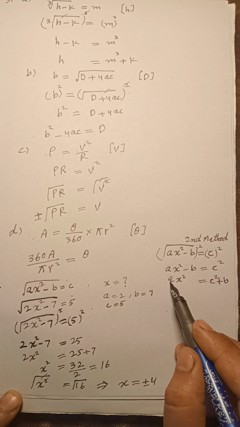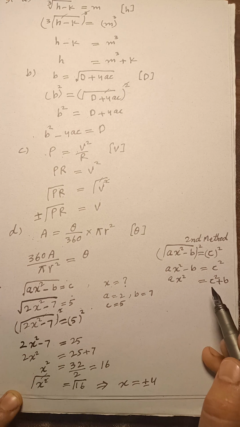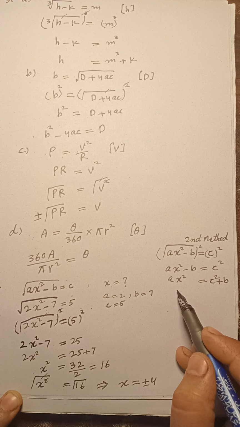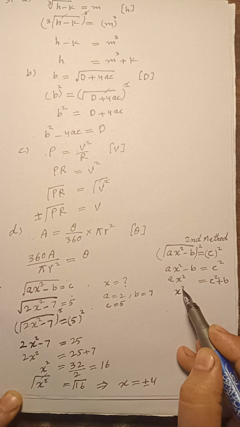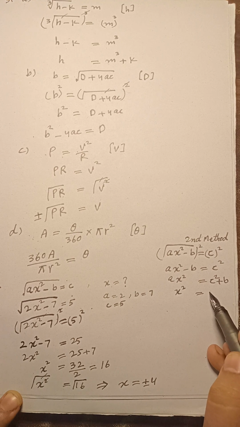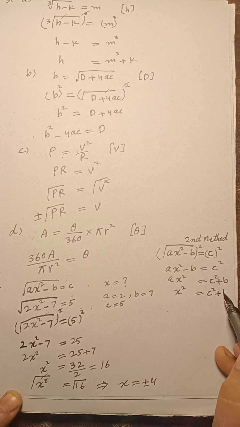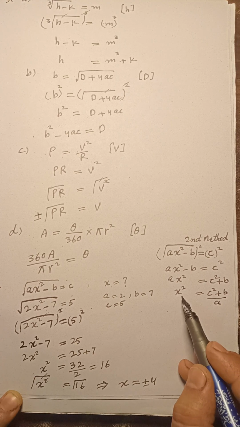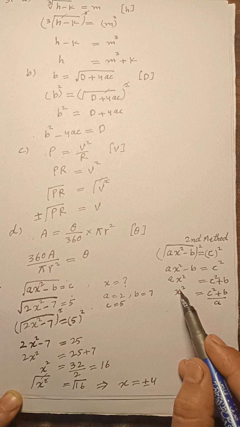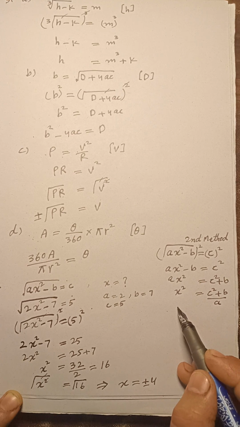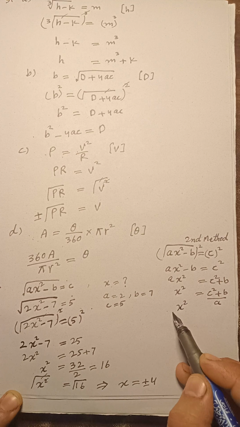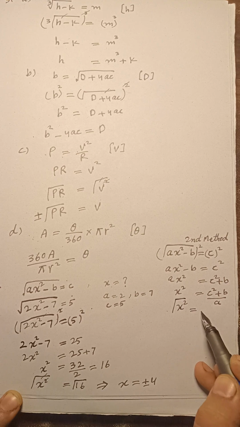Now you know that a is being multiplied on this side, so it will be divided on the other side. Divide c square plus b by a, and to remove the square of x, we have to take square root on both sides.